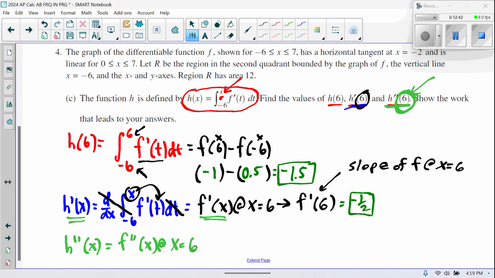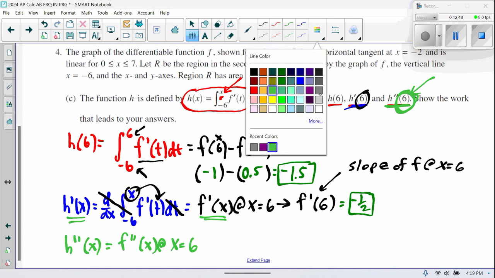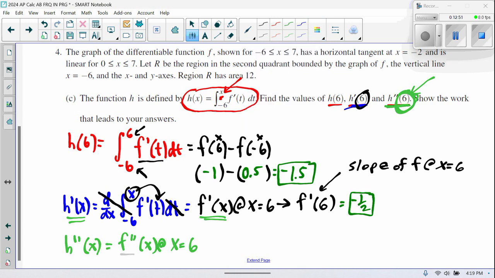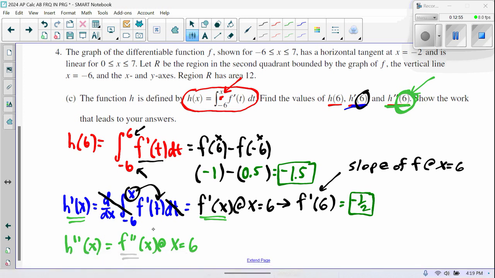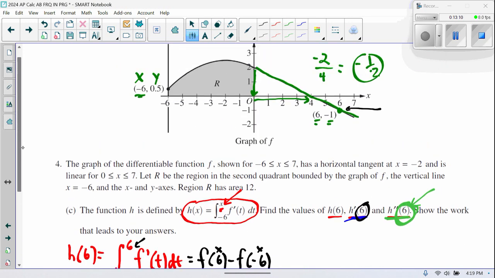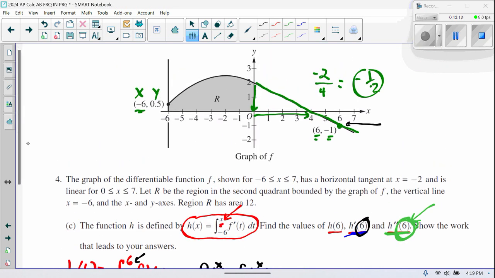Now, let me explain this right here. This is not the slope of f. This is the concavity or curvature of f. If I look where x equals 6, I'm going right back up here in the graph.